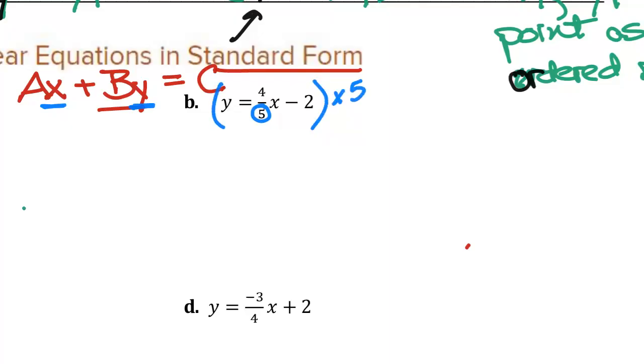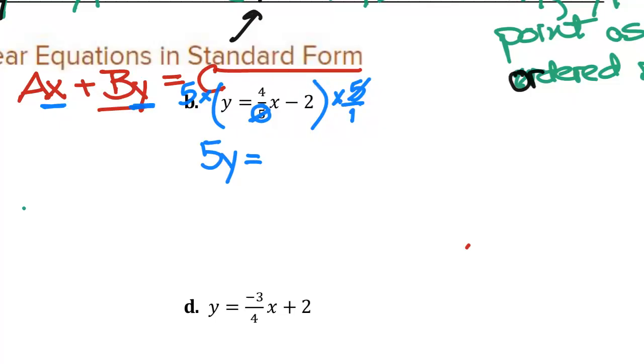I am going to multiply by whatever that denominator is. So in this case, we are multiplying by 5 on both sides. 5 times y is 5y. And I can put this 5 over 1. And the 5 here and the 5 over here would simplify out because we're distributing, right? So what do I have left here?